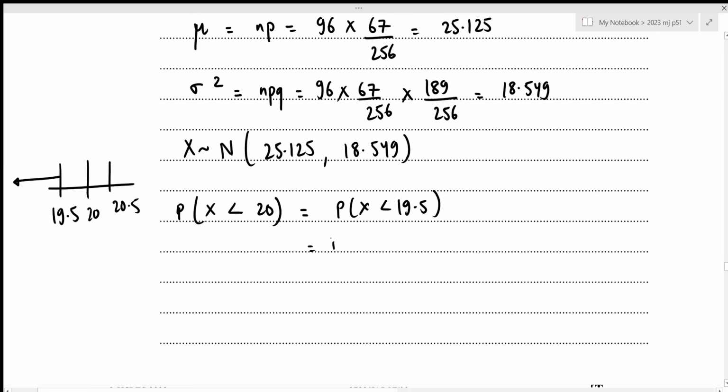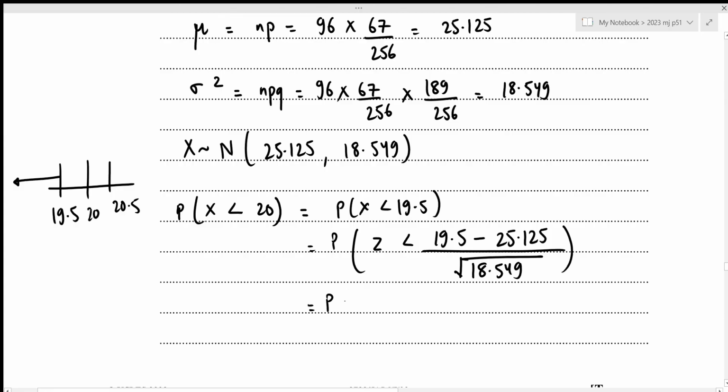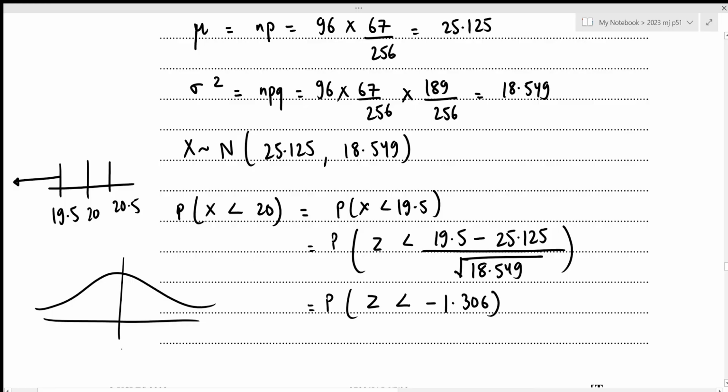So we first standardize it. Z is less than 19.5 minus the mean of 25.125 divided by the standard deviation, root of 18.549. And this results in probability of Z being less than negative 1.306. Let's draw the curve. So negative 1.306 is somewhere here, and we're looking at less than.